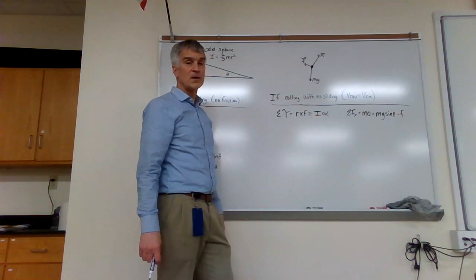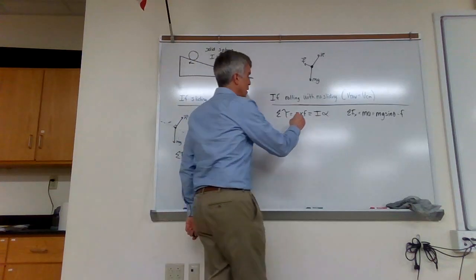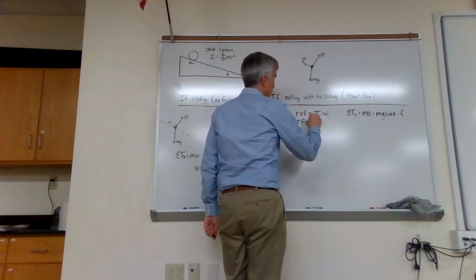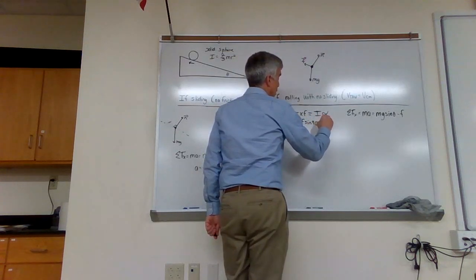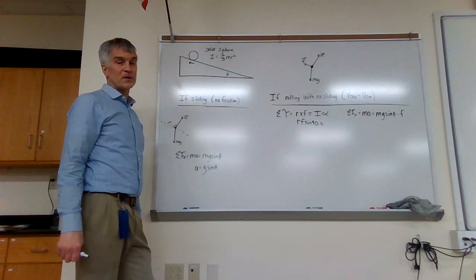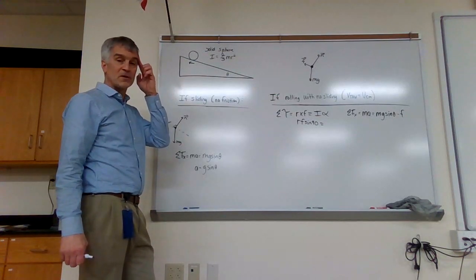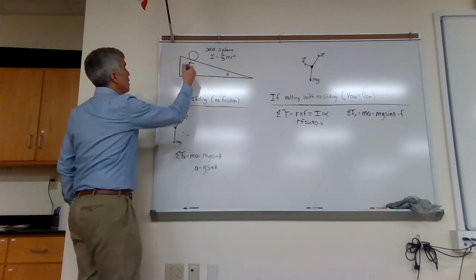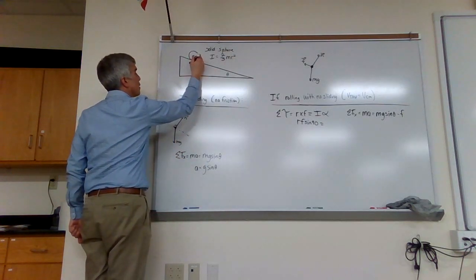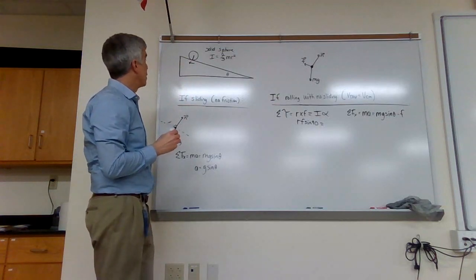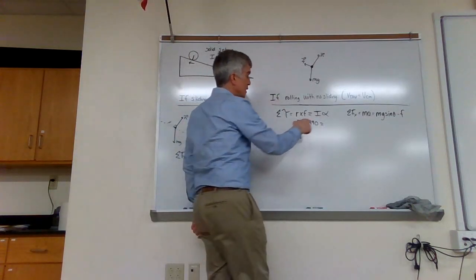All right, now let's simplify this a little bit. R F sine 90, and since it's a cross product, it's the magnitude of R times the magnitude of F times the sine of the angle between them. So if this is R, friction's up the ramp, they're at a 90-degree angle to each other. All right, equals I alpha.